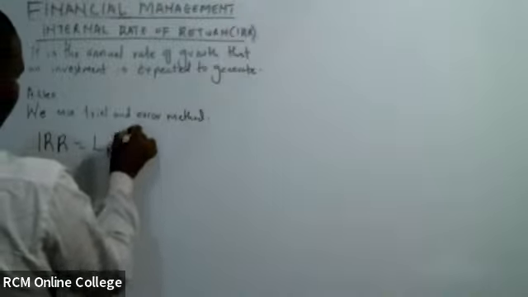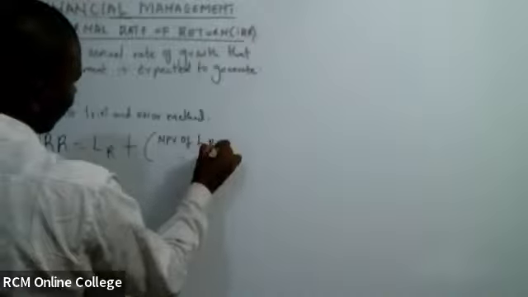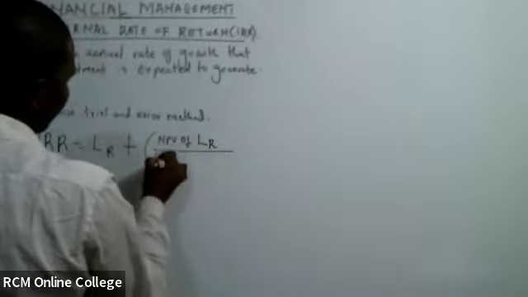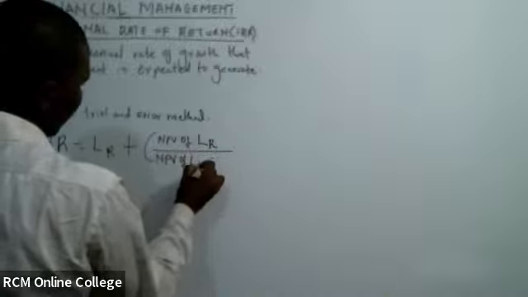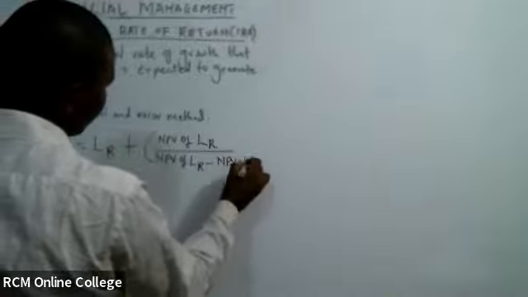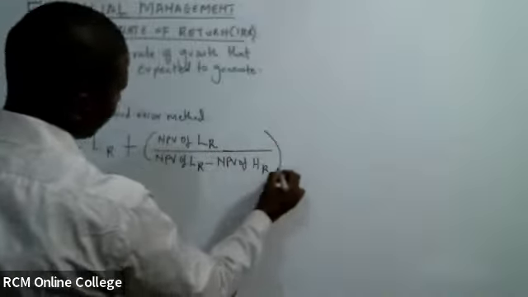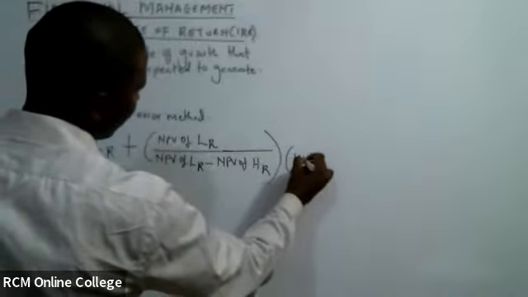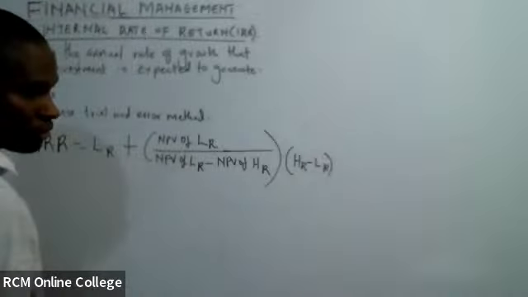IRR is gotten by LR plus NPV over LR divided by NPV of LR minus NPV of HR, all of that multiplied by HR minus LR. Very important.